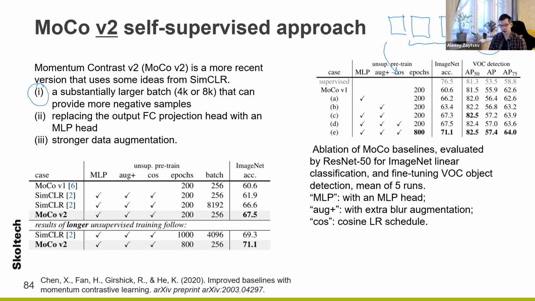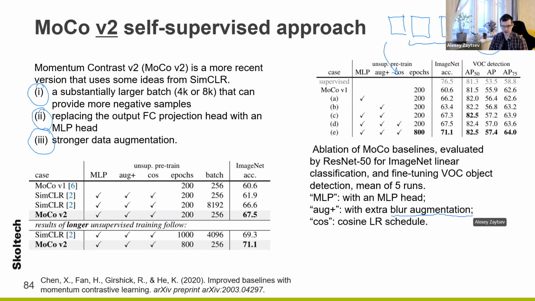In MOCO, it was 1 fully connected layer. In SimCLR, we have 2 layers of MLP, with some nonlinearity between them as usual. And this also can be beneficial. And also there was another augmentation provided by SimCLR, I'm sorry, and it was Gaussian blur augmentation.